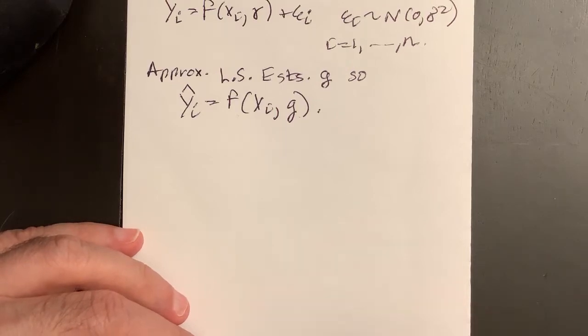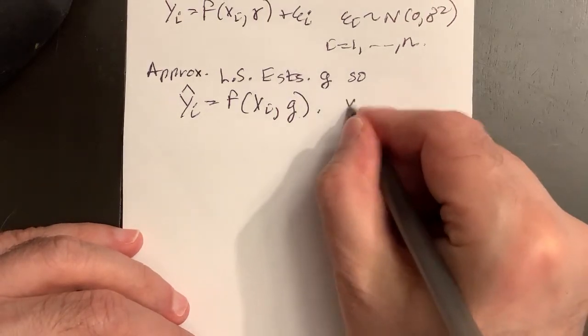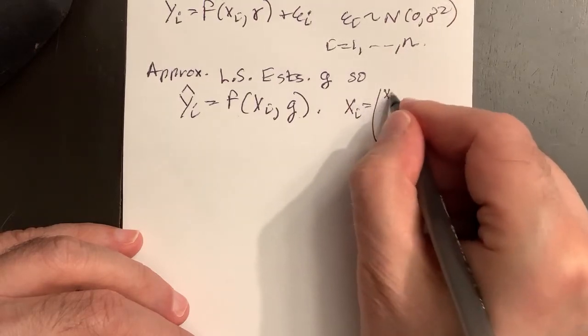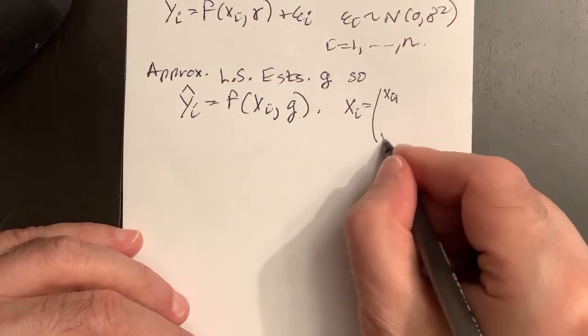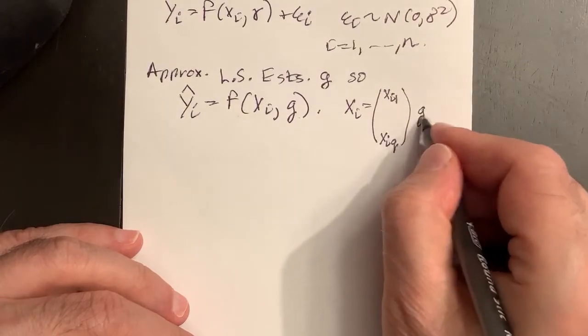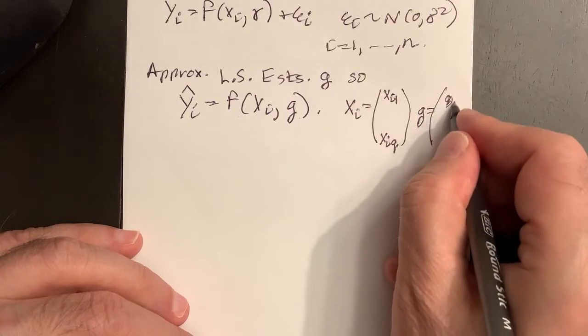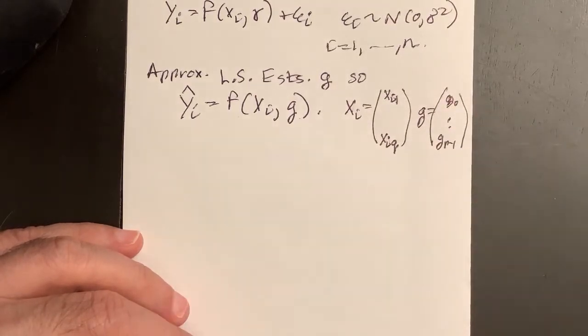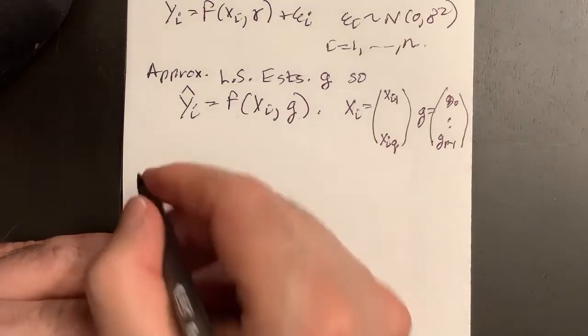Recall the notation: xi1 up to xiq, and g0 up to g(p minus 1). Something like this. All right, so the algorithm.